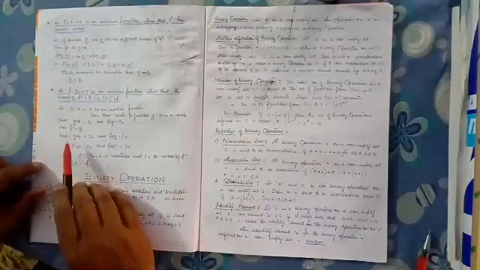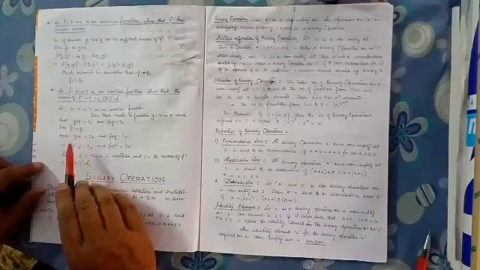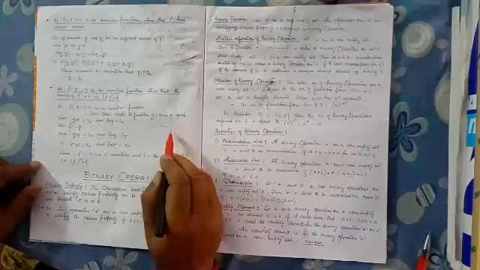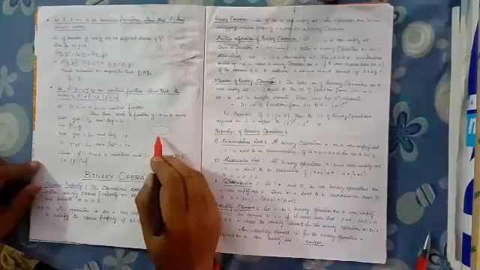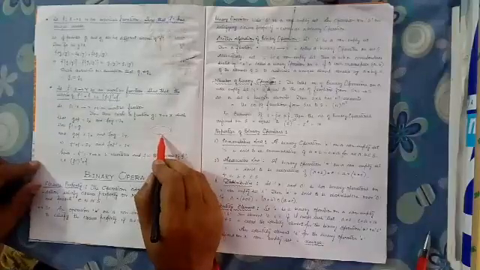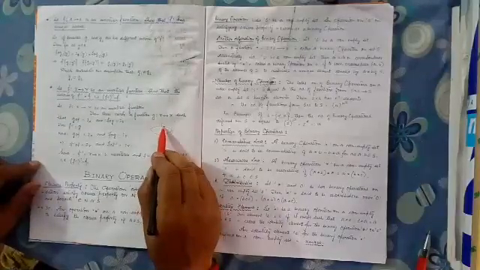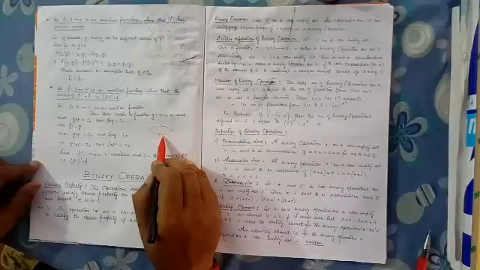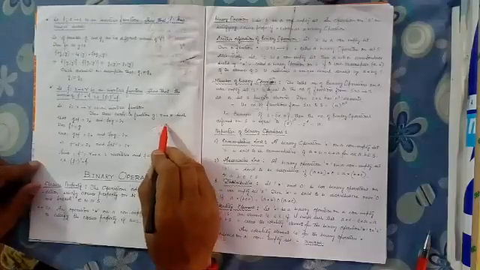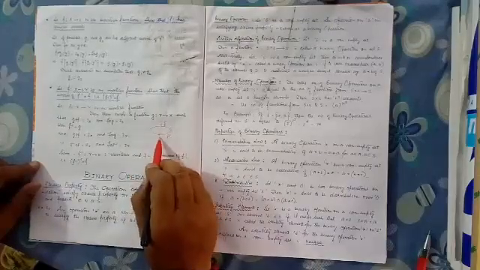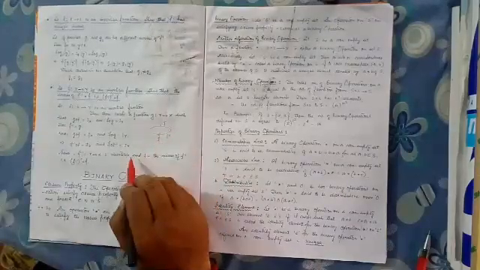Now here f inverse is equal to g. It is because if this is f and this is g, this function is the inverse of this one and this function is the inverse of this one. So if this is f, then this is f inverse, but we have said this is g, then f inverse is equal to g.